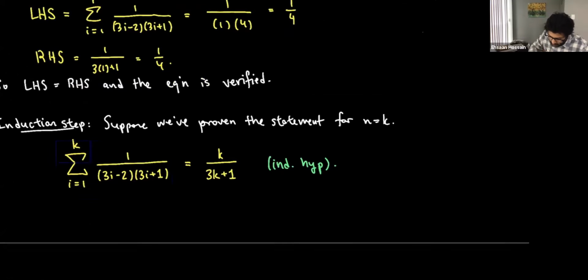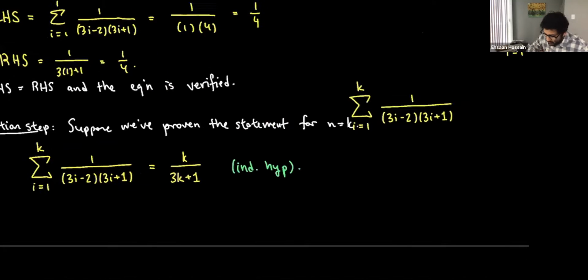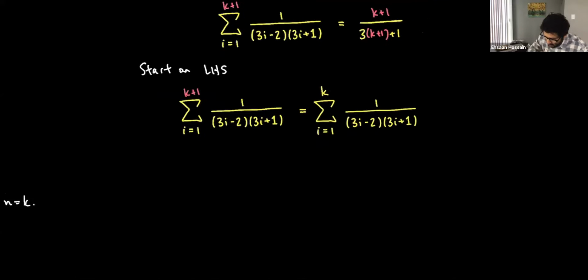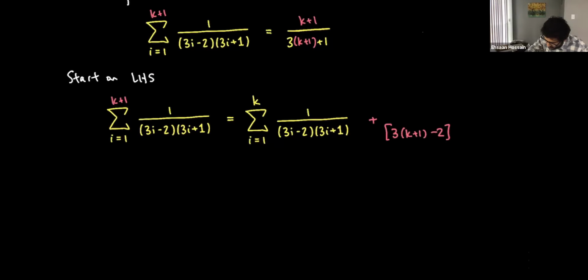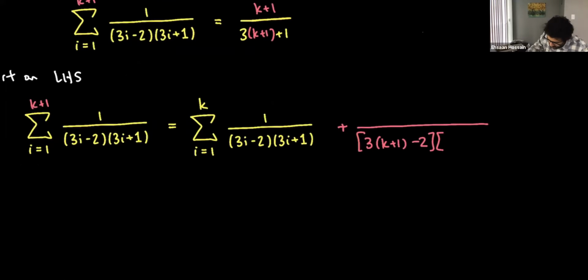So let me just copy it and add on the k plus 1 term, which is what? 1 over 3 times k plus 1 minus 2, times, I'm running out of space here, 3 times k plus 1 plus 1.